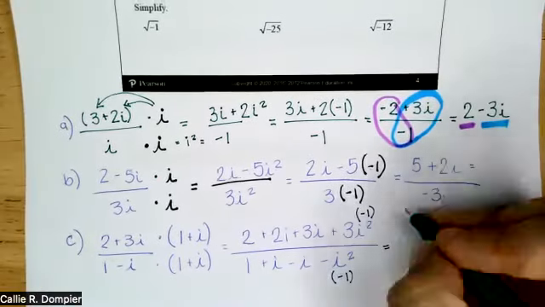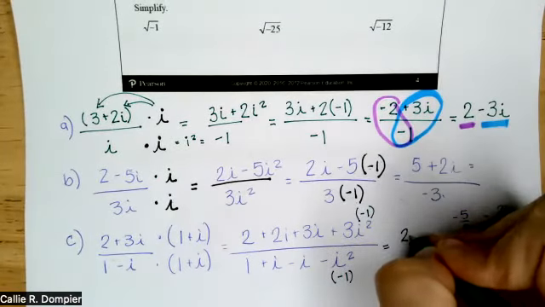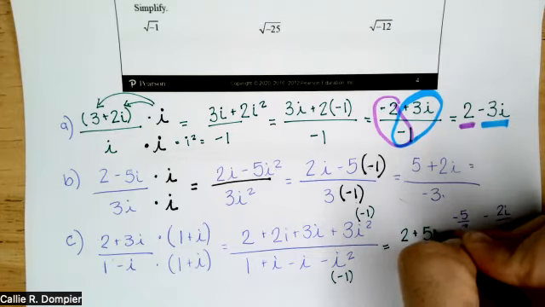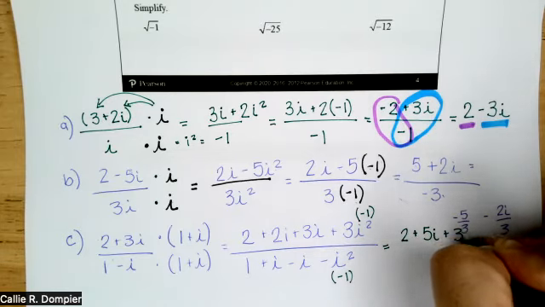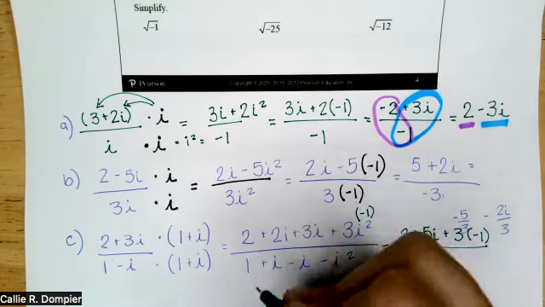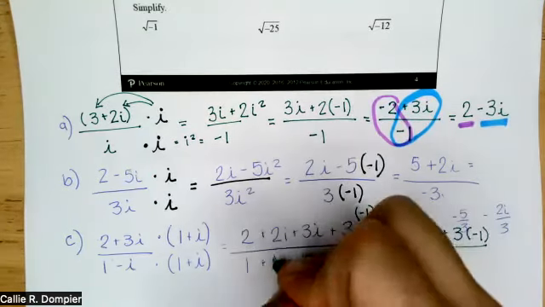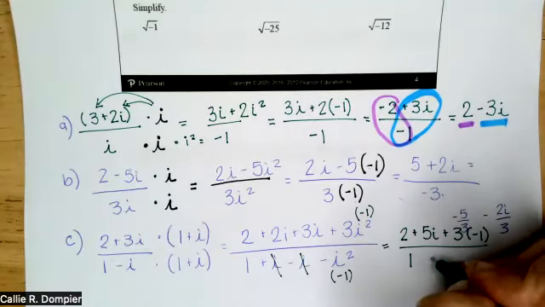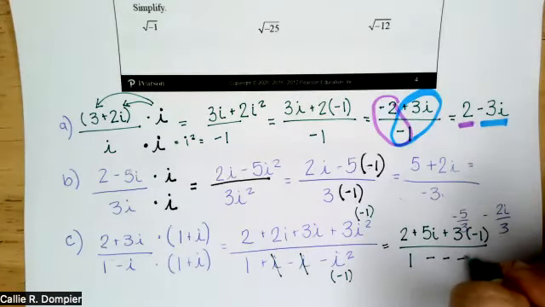So we can rewrite this as 2 plus 5i plus 3 times -1. Down on the bottom, we have 1 minus -1.